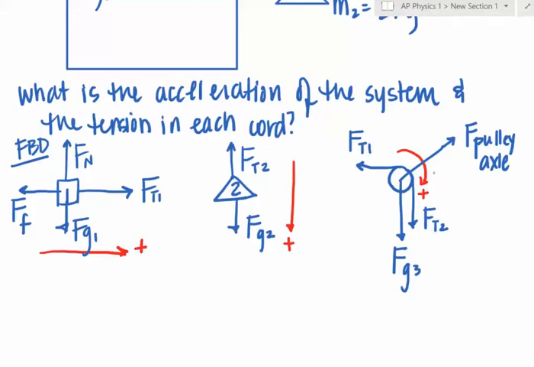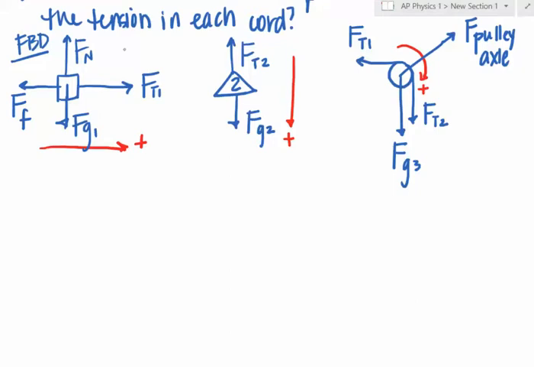It would probably be at a weird little angle because it would be pushing it out but holding it up. We're not going to find that one in this case. We're just looking for the acceleration and the tensions.